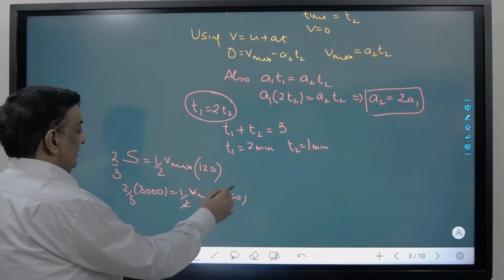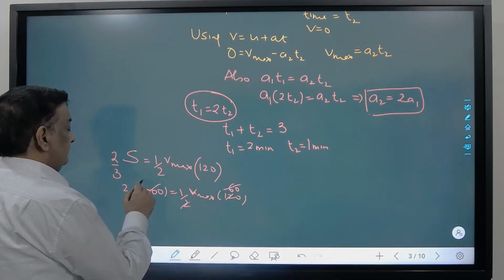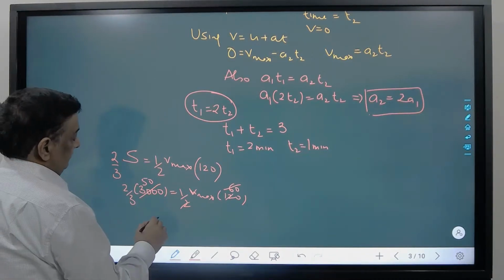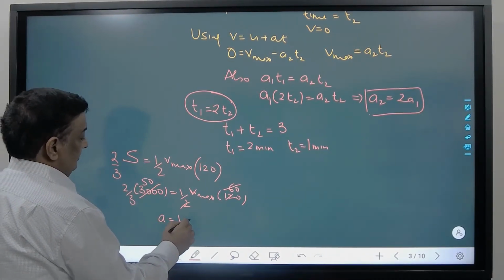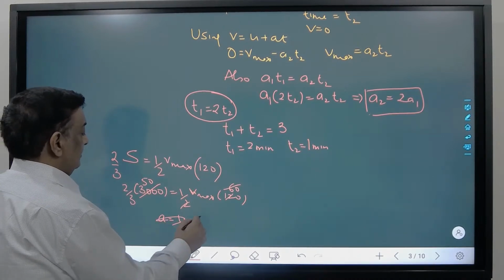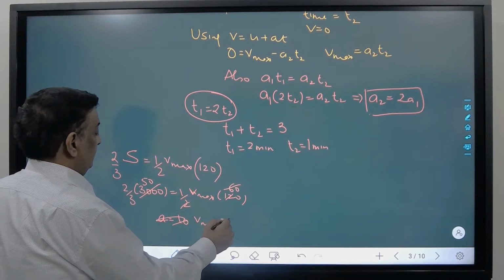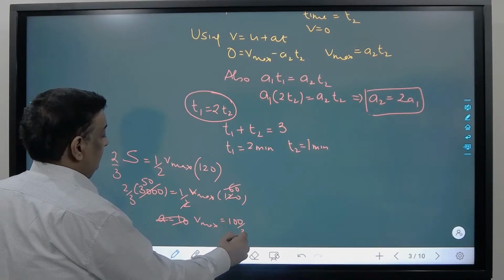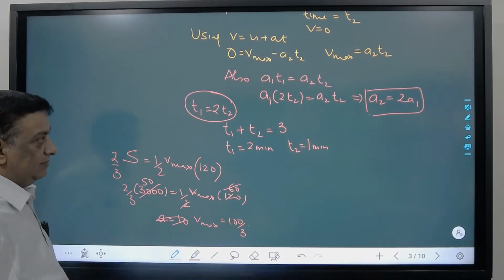This means 60 times Vmax. So the speed is 100/3 meter per second.